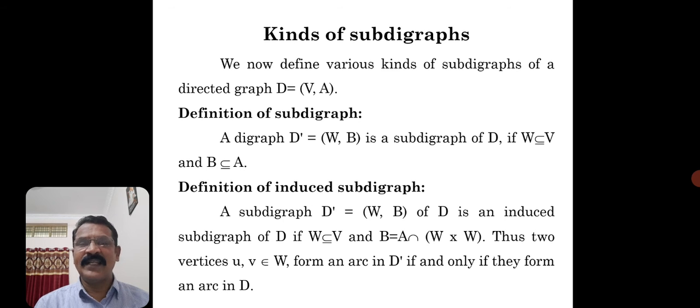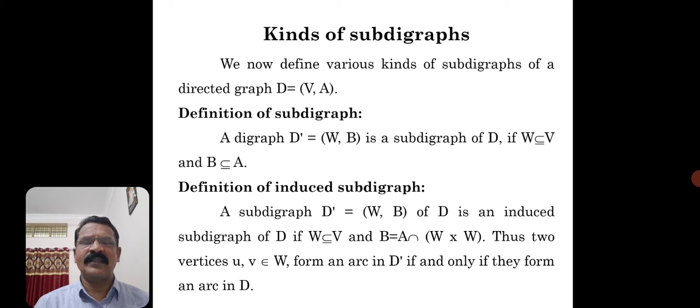So the idea of set theory is very useful here. A intersection W cross W: the edges which are common to A and W cross W, that is the set you have to consider. First you have to find W cross W. What does that imply?